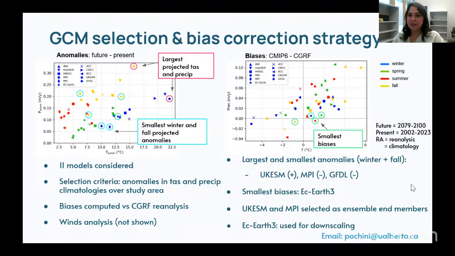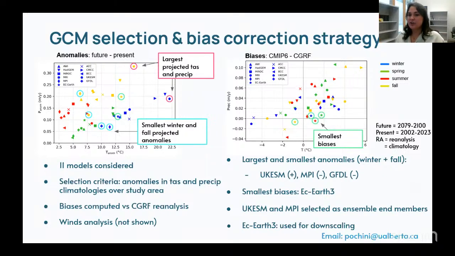From this, we ended up picking 3 different GCMs. We found that the smallest present-day bias, as well as a medium range in the anomalies, comes from the EC Earth 3 model for this region. Then we found that the highest anomalies, to cover the spread of possible future changes, come from UK ESM, which had the highest future anomaly, and the MPI, which had the lowest.